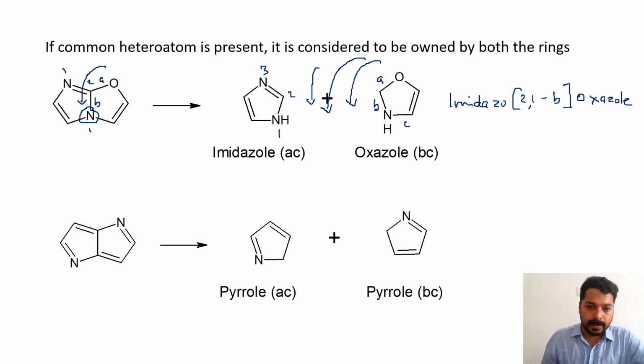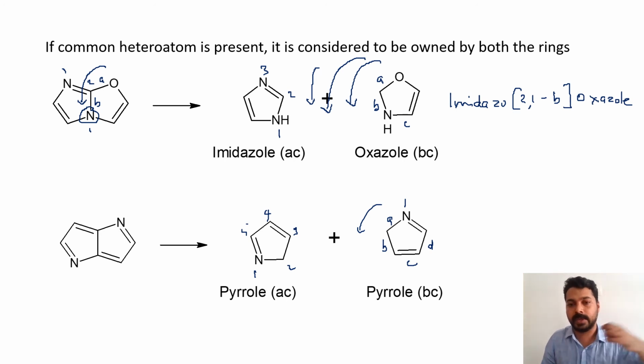Okay, another example, if we take the combination of pyrrole, 2 pyrroles, you can see here. You can take any one as the base component. So I have taken this one as the base component. You take anything, it will be okay. So 1, because the fusion is over here, it is 2, so this will be A, this will be B, C, D, etc. Coming to the attached component, the first number should be here because 1, and fusion is in this way, so it is 2, 3, 4, 5.